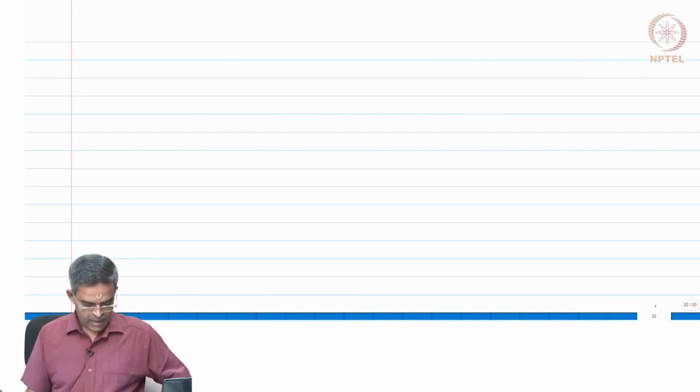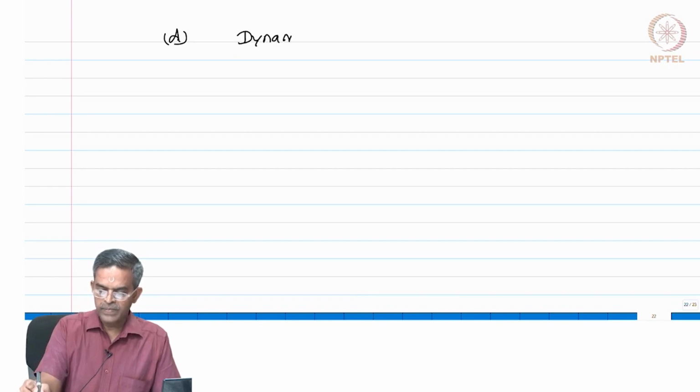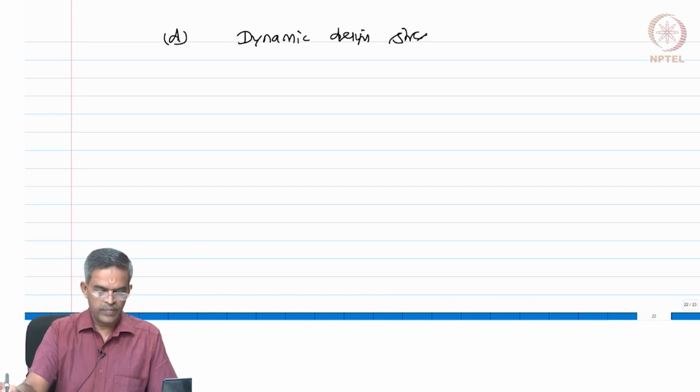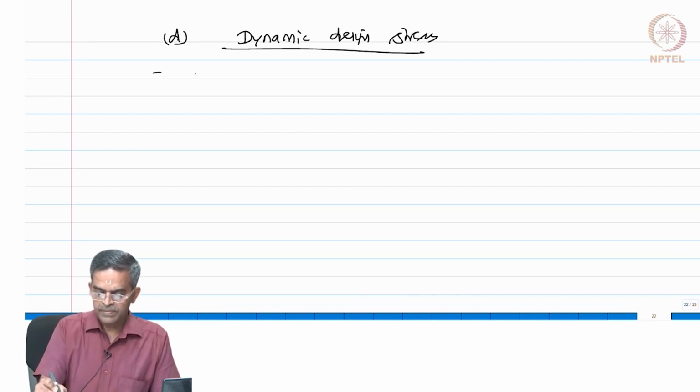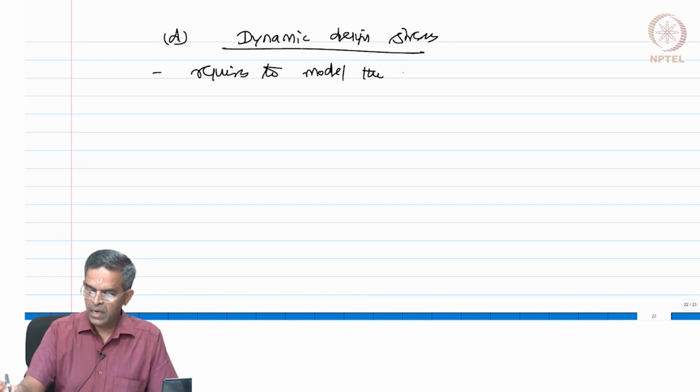Okay. Having seen this, let us go to the dynamic design stress. So, the dynamic design stress requires to model the strain hardening effect of the material.